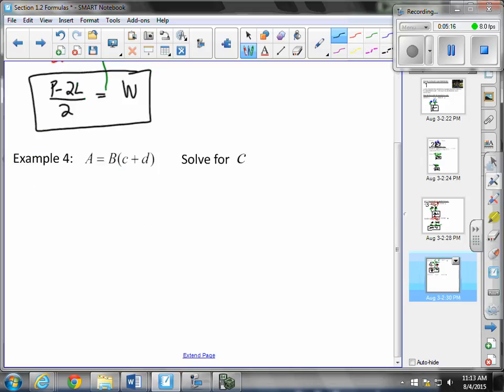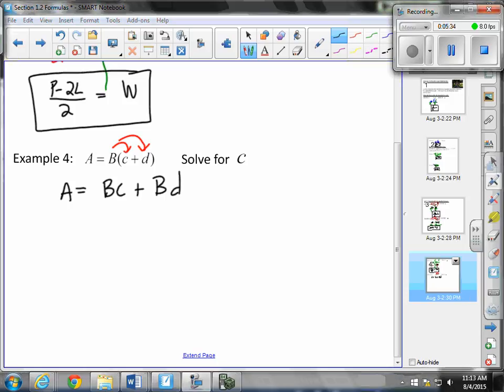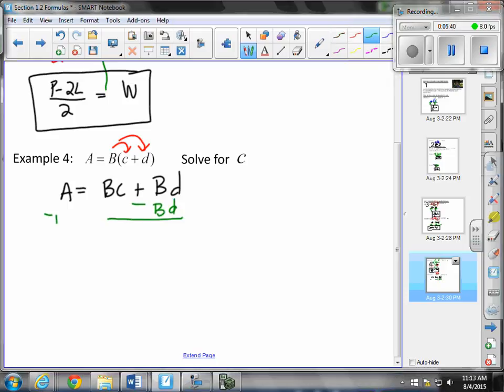A equals B times C plus D. I need to distribute to get rid of my parentheses first. This gives me A equals BC plus BD. I'm trying to solve for C. I'm going to subtract BD from both sides of my equation.